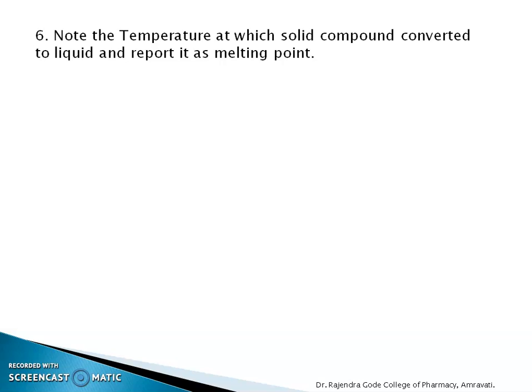Note the temperature at which the solid compound converts to liquid and report it as the melting point. Once that solid compound gets melted and converts to liquid, check that temperature and report it as the melting point.